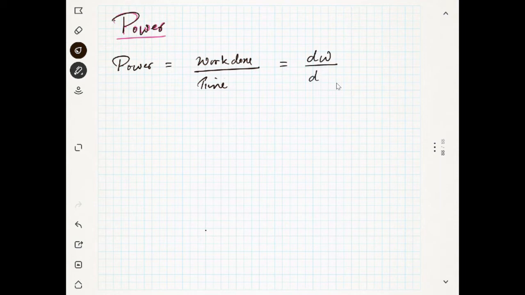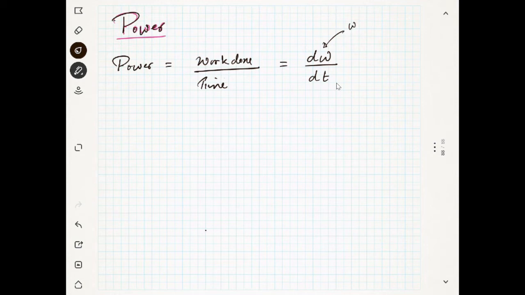Power is nothing but work done per unit time. Or we can say that it is the amount of work done in unit time, dW over dt.